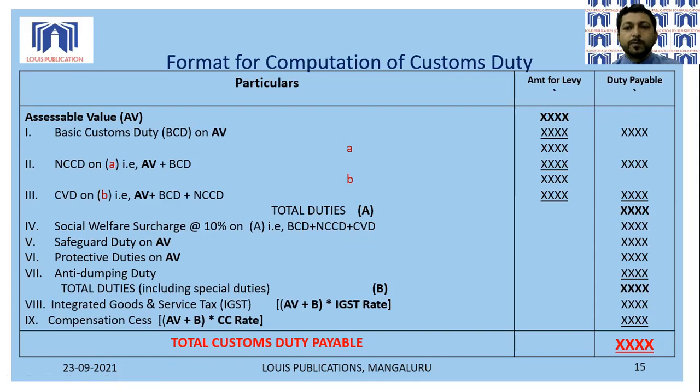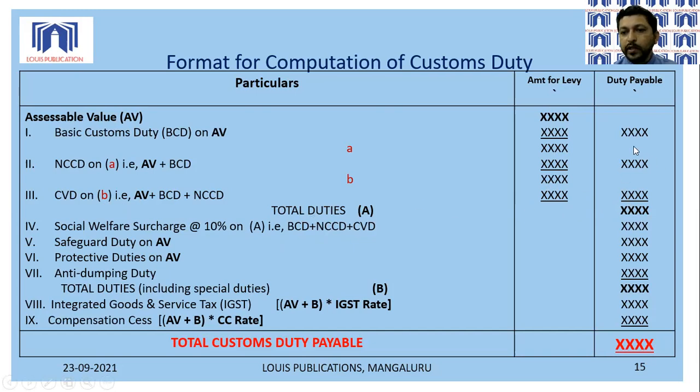So a student can just provide a note and say that this product is not NCCD or CVD leviable. CVD is leviable only on those items which are not under the purview of GST. Let's be very, very clear. So that value at the given rate on this value B will be calculated. Similarly, this countervailing duty will be written in the outer column.